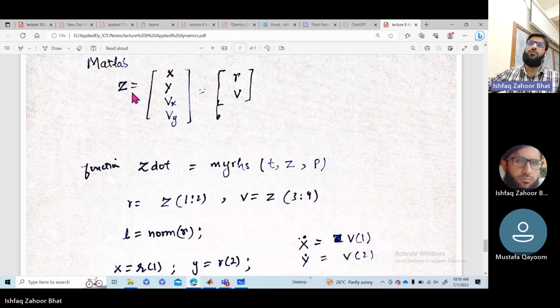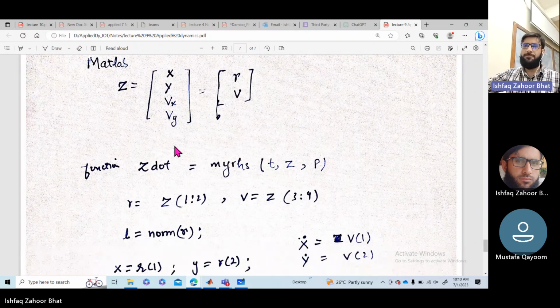In MATLAB, we will define Z as X, Y, that is the X position and Y position of the mass, and the X component and Y component of velocity. X and Y we can write as R, and Vx, Vy as velocity, that is V. So Z is also equal to R and V, where R has two components, X and Y, and V has two components, Vx and Vy.